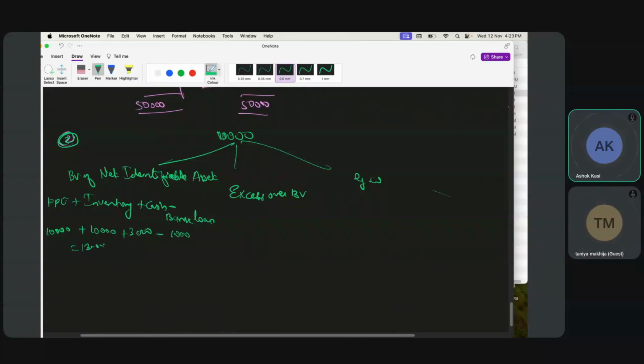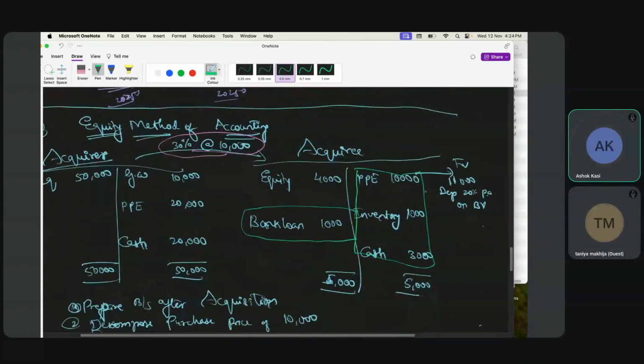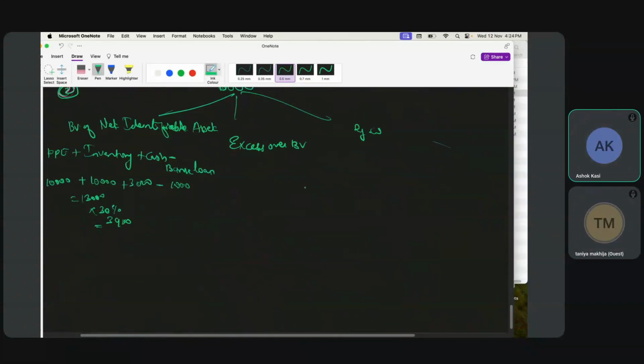Out of that, our share is 30 percent, which is 3,900. The excess over book value is only 1,000, on property, plant and equipment, and within that 30 percent is 300.